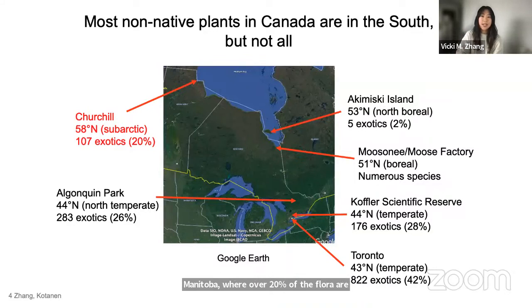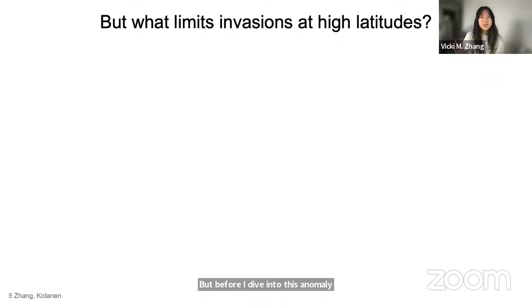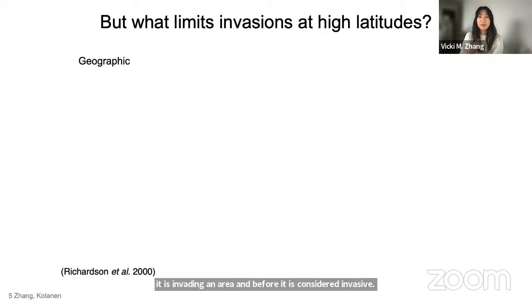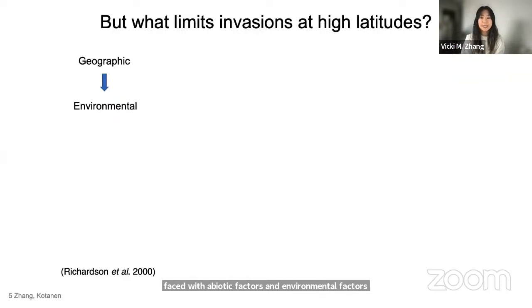But before I dive into this anomaly, let's first think about some of the barriers that a species might face as it is invading an area and before it is considered invasive. A non-native species needs to first move past a biogeographic barrier into a new environment. Once they're in this new environment, they might be faced with abiotic and environmental factors that are not initially ideal and that they have to adapt to.